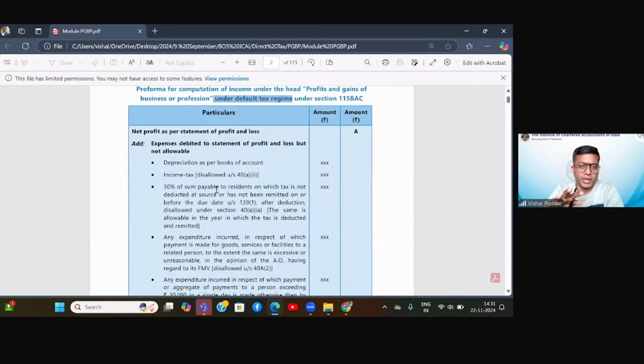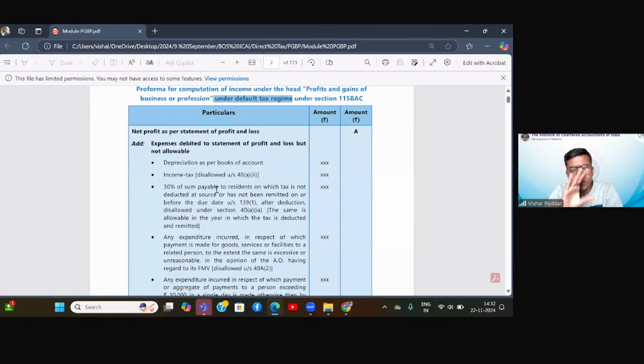We never prepare a P&L in PGBP, but just for visualization, let us assume that you are also preparing a P&L as per PGBP, taking on the credit side incomes as per 28 and 41, and in some cases valuation as per 43CA, and on the debit side taking expenses as per 30 to 37 with restrictions from 40 to 43D.